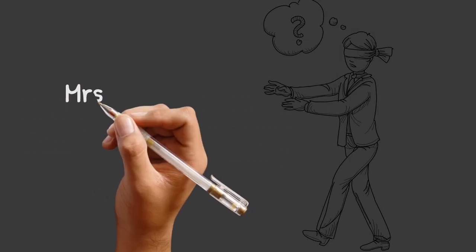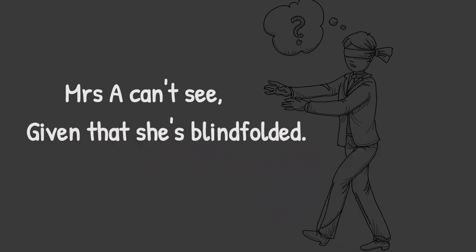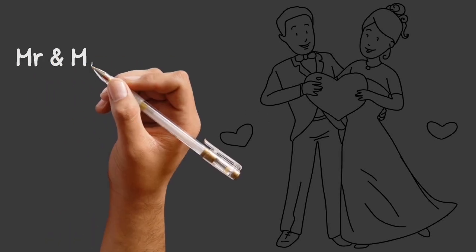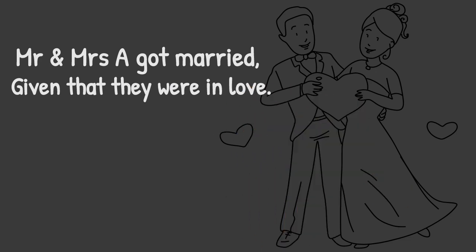Another example is Mrs. A can't see, given that she is blindfolded. One event has led to another event. Mr. and Mrs. A got married, given that they were in love.